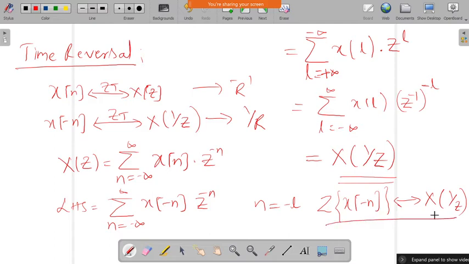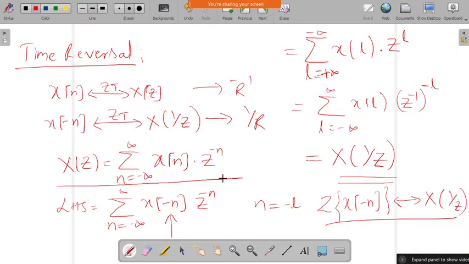Sir, here why are we using n equal to minus L, sir? In order to find the corresponding z transform, we cannot put it directly, as we do not have any standard expression for this. We have the standard expression for finding the z transform of this form. We have to bring it to this form and then find its corresponding z transform.